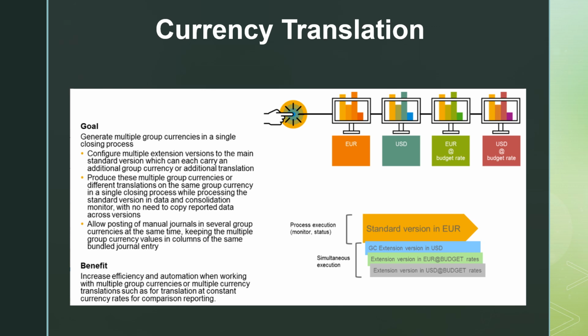Produce these multiple group currencies or translations in a single closing process while processing the standard version in the data and consolidation monitor, with no need to copy reported data across versions.